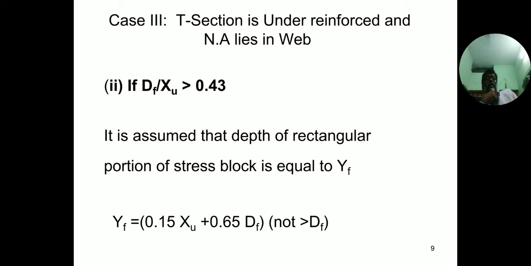Depth of rectangular portion of stress block equal to Yf. Yf is equal to 0.15 xu plus 0.65 Df, but not greater than Df.